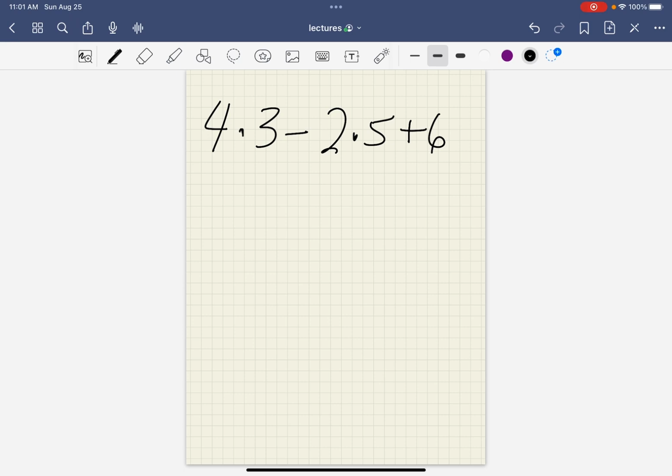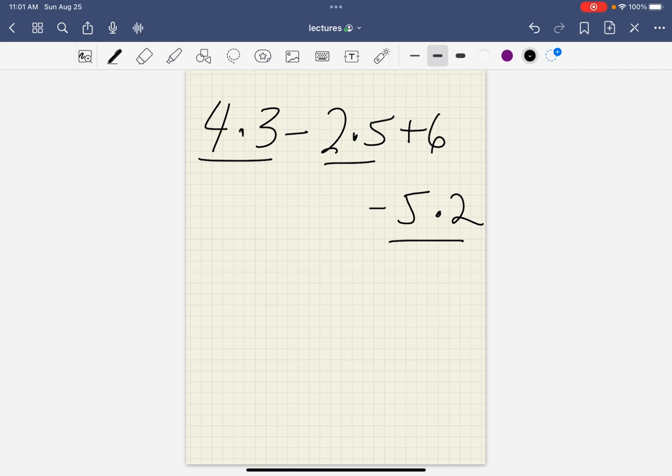And then minus 5 times 2. Okay, I ran out of room, so I'm going to write it here. All right, so we're going to do all the multiplications first. So that's this, and this, and this.